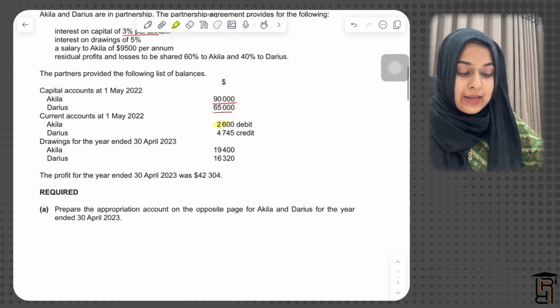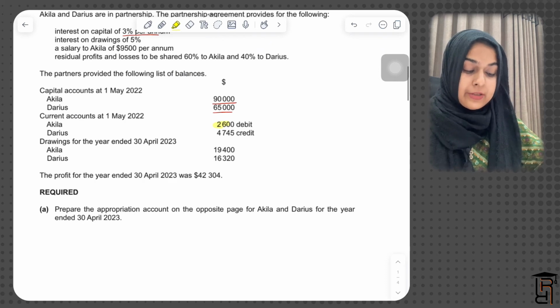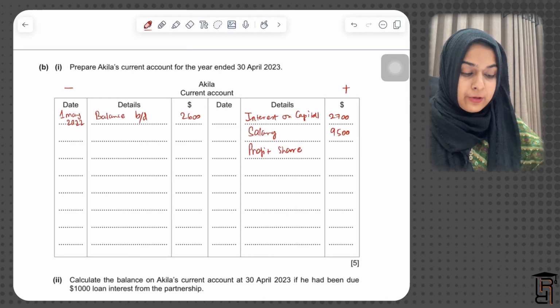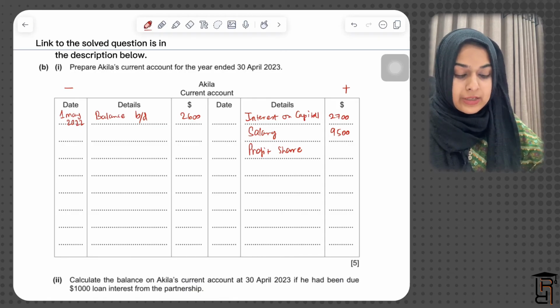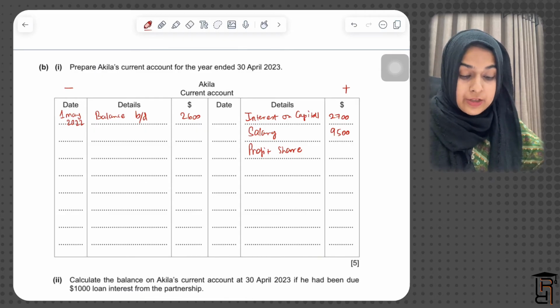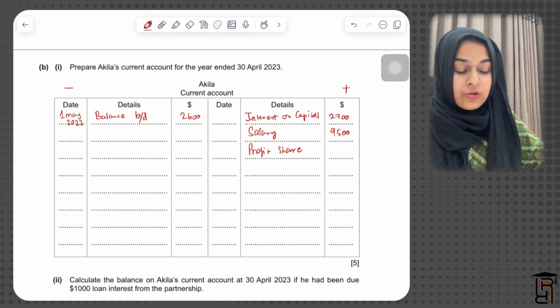So interest on capital 2,700 is given to the partners. Salary 9,500. Again, profit share: the profit share for Akila was 17,964. Here I'll write interest on drawings. Akila's interest on drawings was 970, interest on drawings for Akila's drawings.